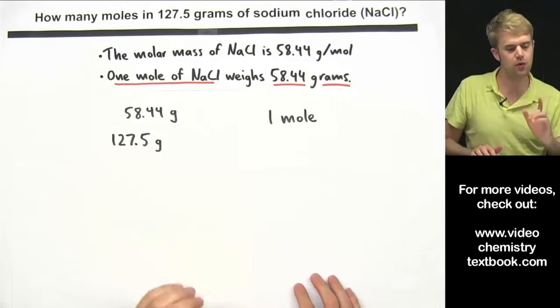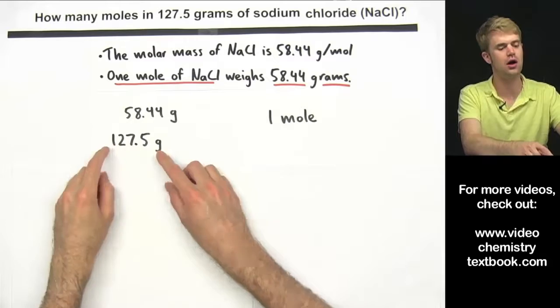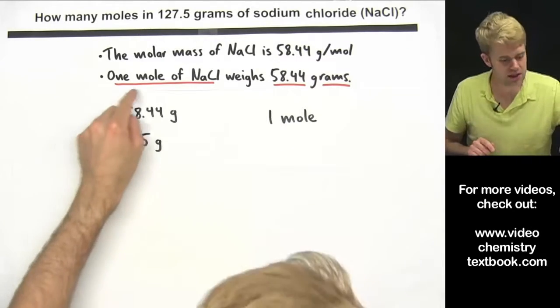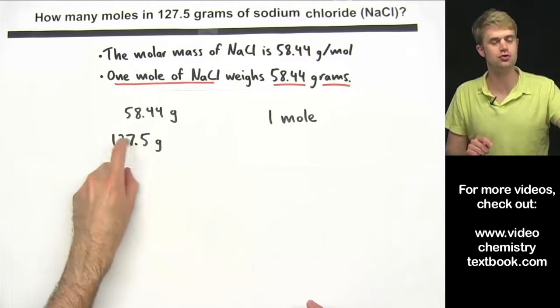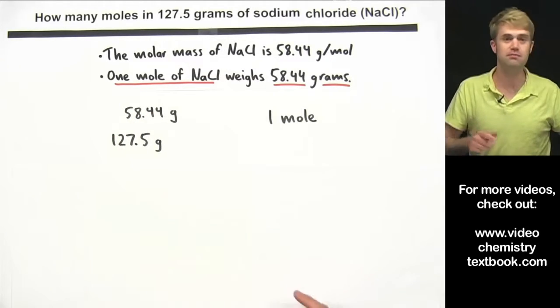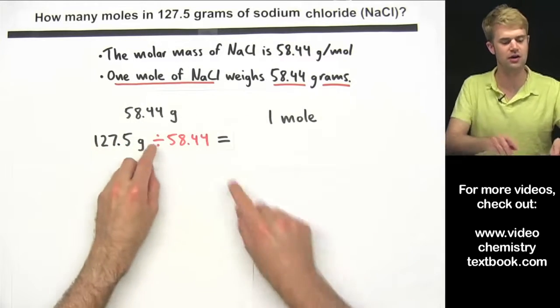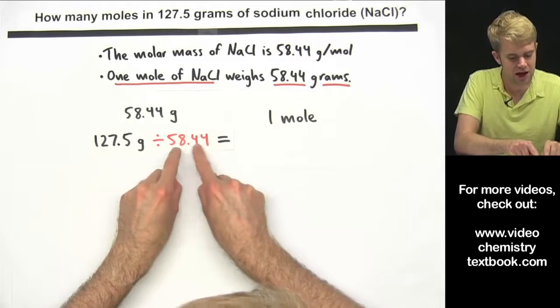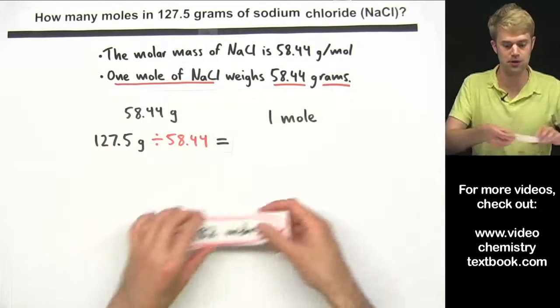The question that we want to ask is, how many 58.44s are there in 127.5? In other words, how many times does 58.44 go into 127.5? This is a division problem, okay? We're going to do 127.5 divided by the molar mass. We're going to find out how many of these are in this, and that's going to tell us how many moles we have.